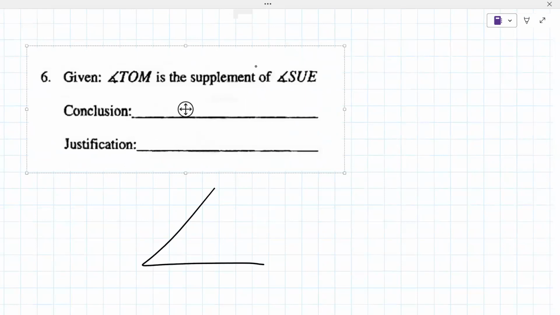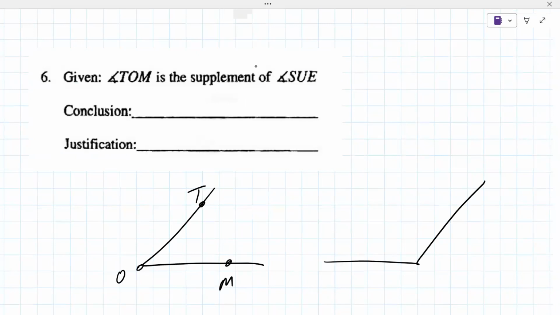It's like, all right, there's TOM, POM, and then there's SUE, but they're not necessarily in the same line. They don't share any letters. If they did share letters, you'd want to draw it slightly differently.